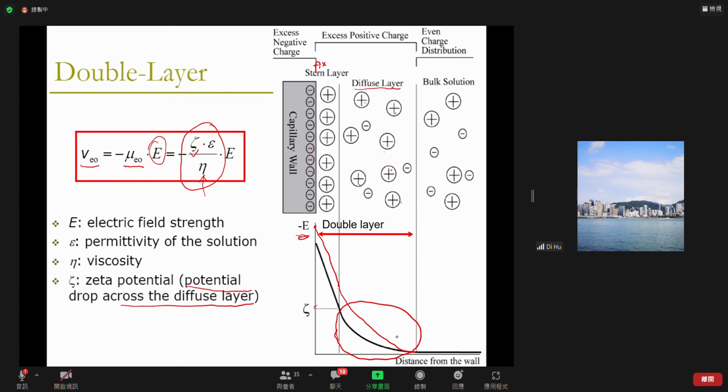So obviously you can see that the zeta potential is proportional to the charge on the capillary wall. If you increase pH, there are more charged sites on the capillary wall, and that will also increase the zeta potential. When the zeta potential increases, what increases? Electro-osmotic flow increases.